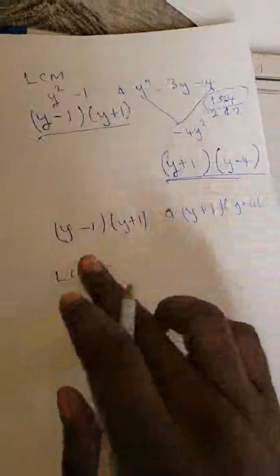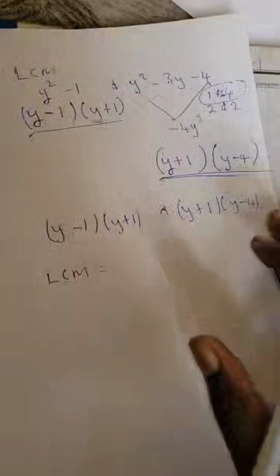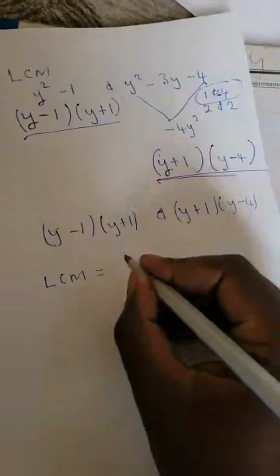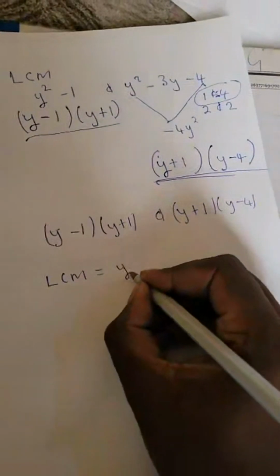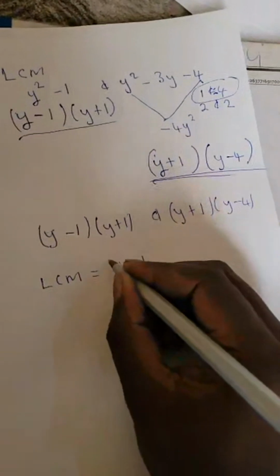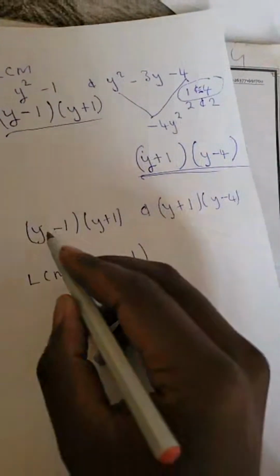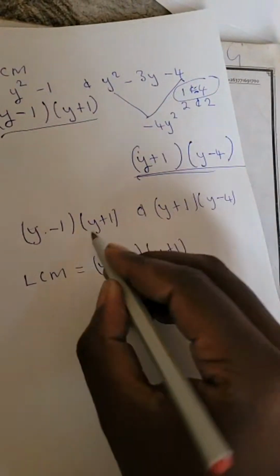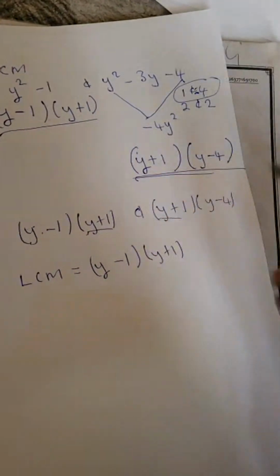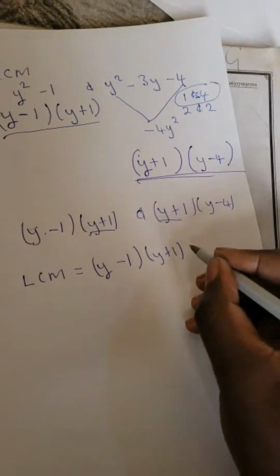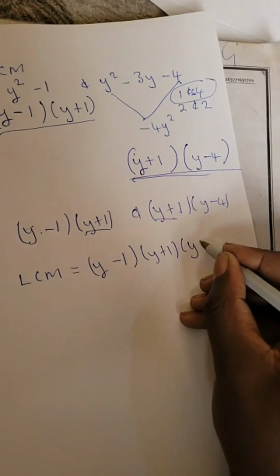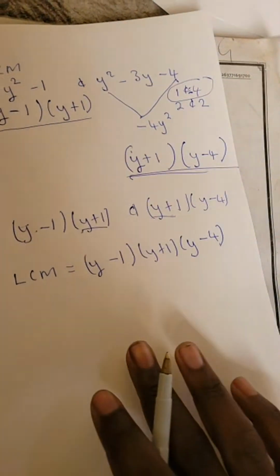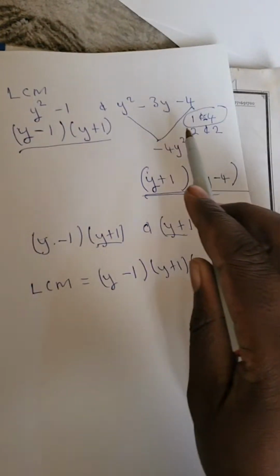Okay, so on LCM we take all bases with the highest index power. So let's first take y minus 1, and let's also take y plus 1. Y plus 1 is also here and also here. We just write it once. Then we are taking all bases, remember. Then y minus 4. Then that's our LCM.